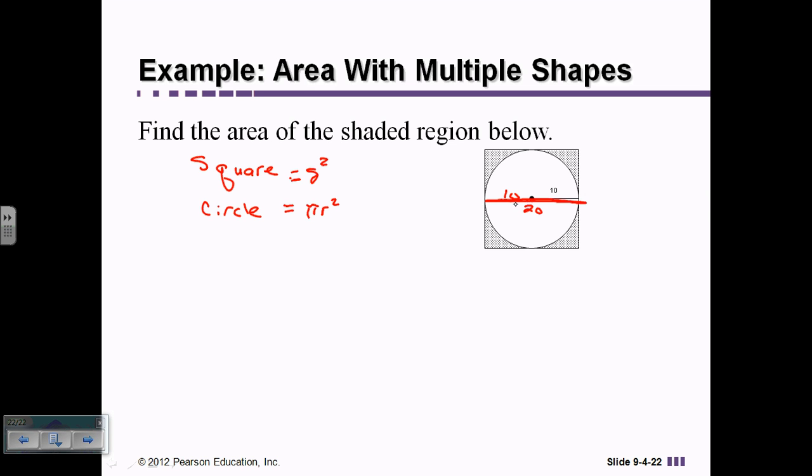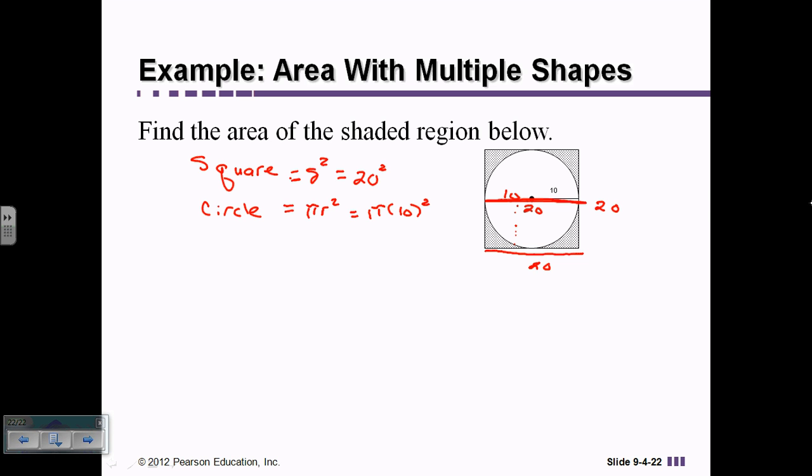And if you think about that again, if I think in terms of dropping that diameter, you'll notice that the length of the sides of the square are also going to be 20. So when we're finding the area of the square, it's going to be 20 squared. And when we're finding the area of the circle, it's pi times 10 squared. Because remember, our radius is 10.